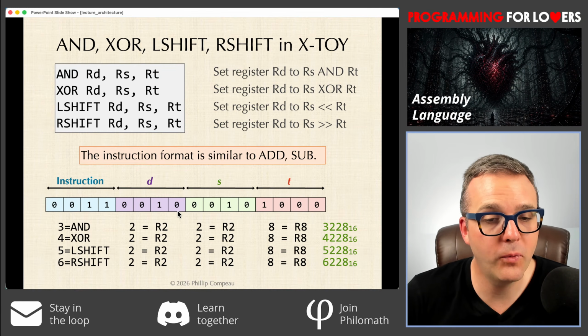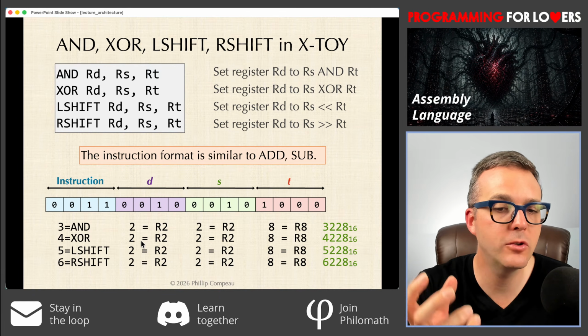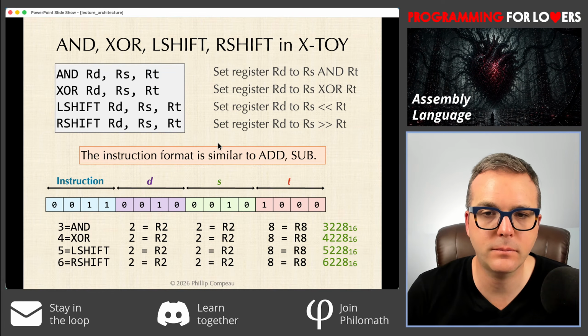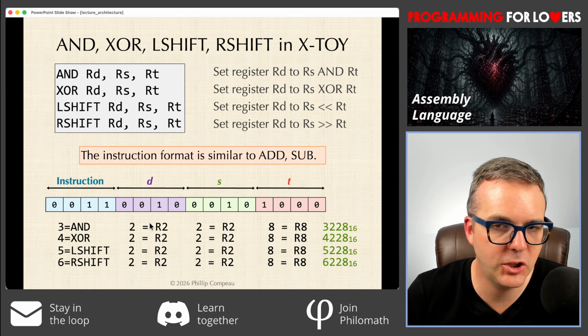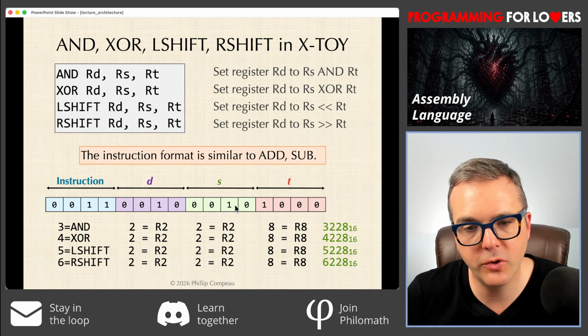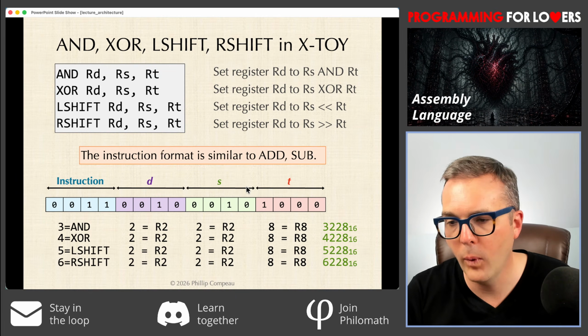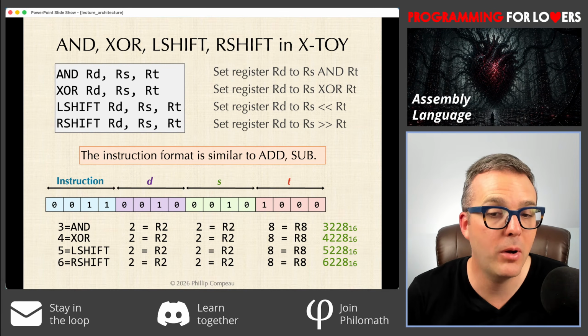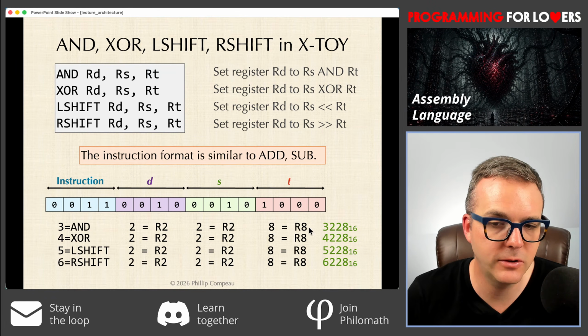As we had seen before with addition and subtraction, the next 4 binary digits, or the next hex digit, in this case, which is 2, tells me what register I'm setting. So in all cases, I'm setting register D, whatever the second hex digit is. And then we're using the next 2 hex digits to indicate, well, what are we actually operating upon? So in this case, I'm taking the AND of registers S and T. In this case, I'm taking the XOR.